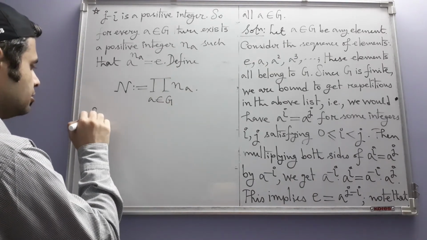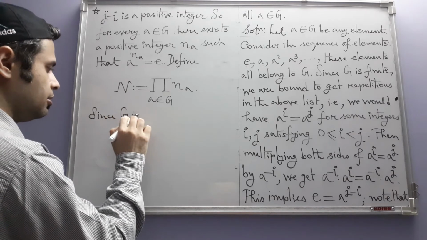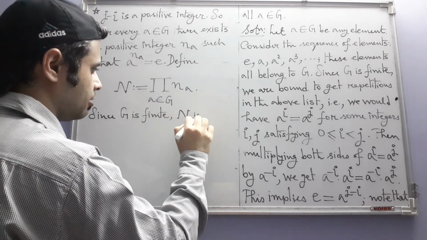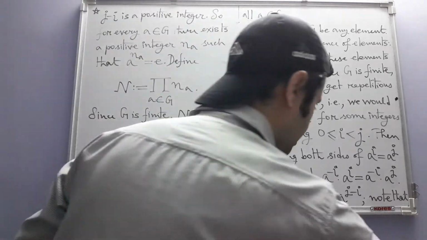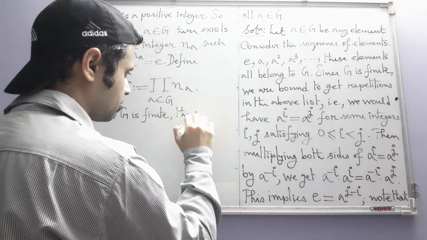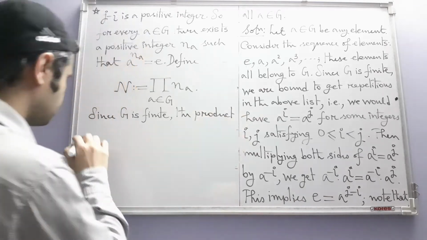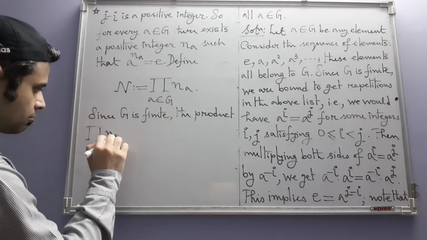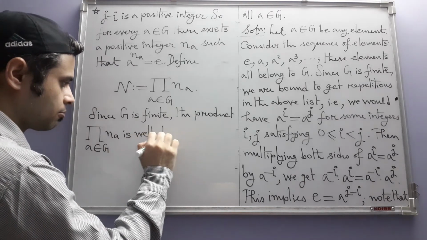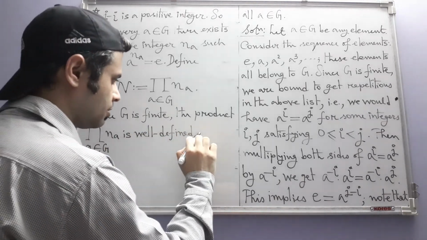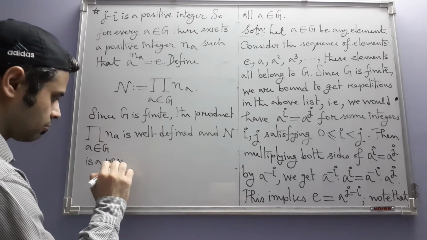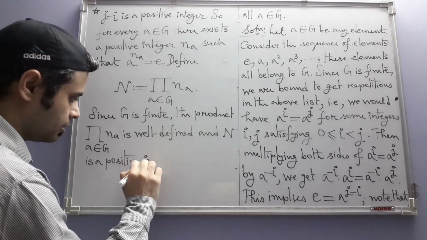Okay, so since G is finite, the product is well defined, that is, it is meaningful, and capital N is a positive integer.